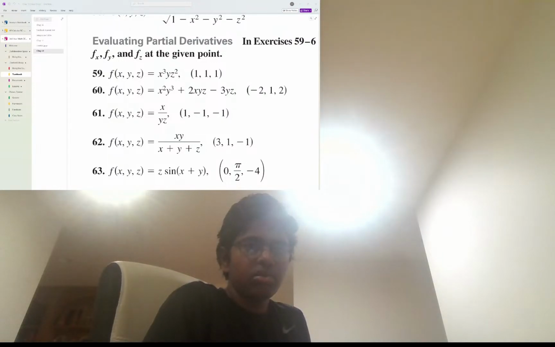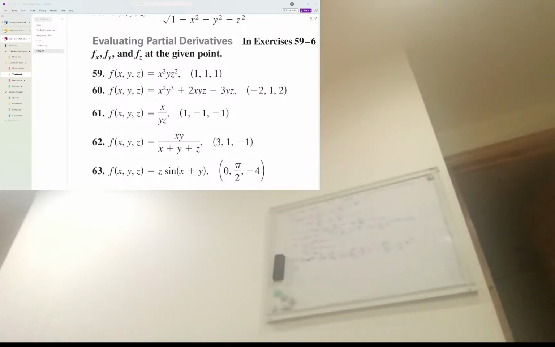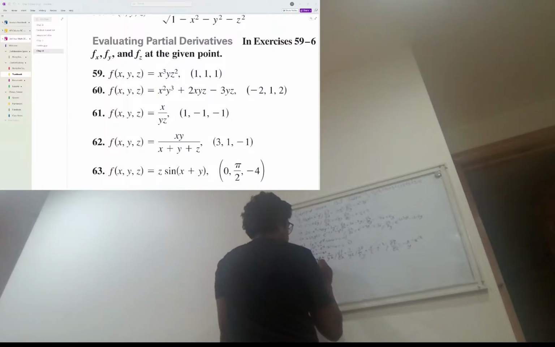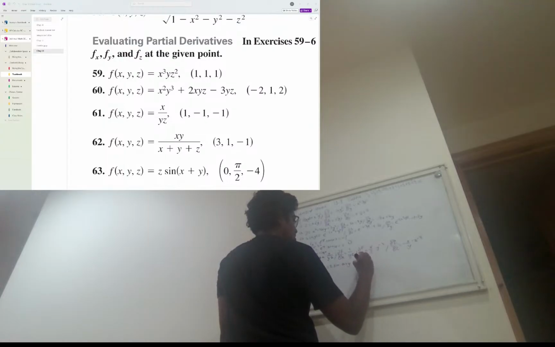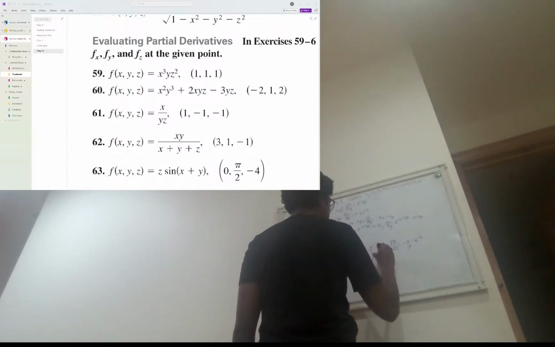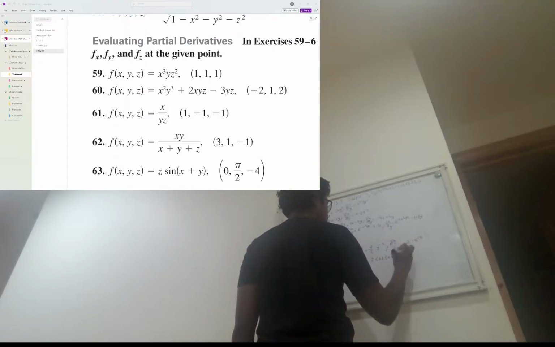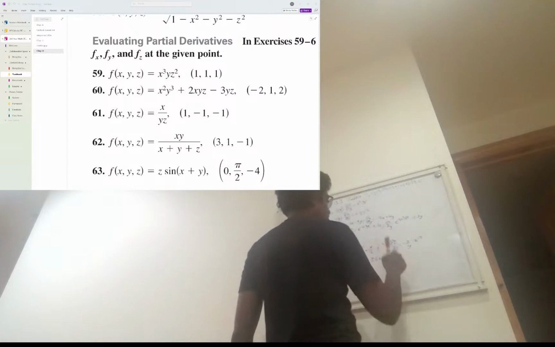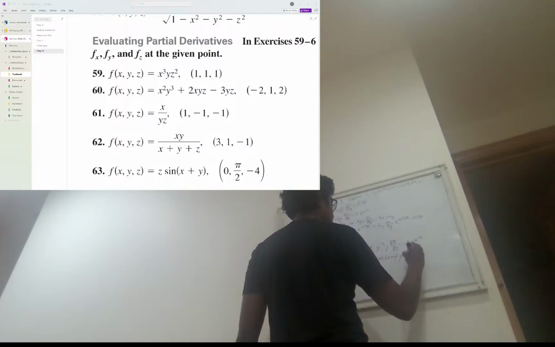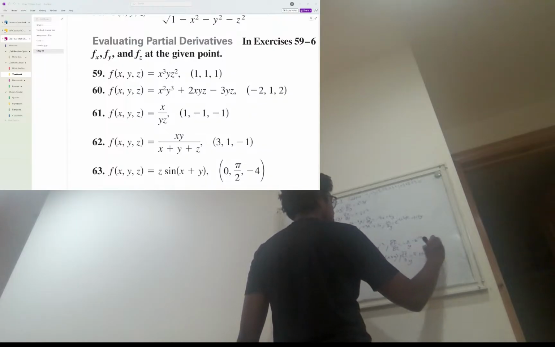z sine x plus y. Constant multiplied by cosine x plus y. So that's it. And then the partials for x and y are going to be the exact same.